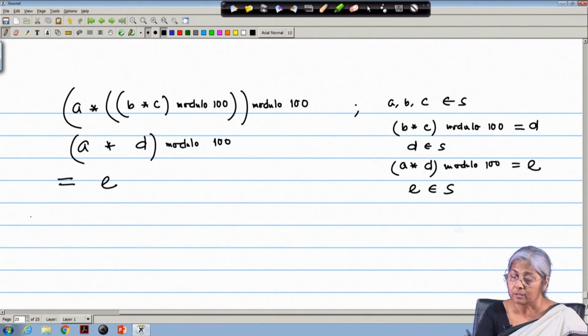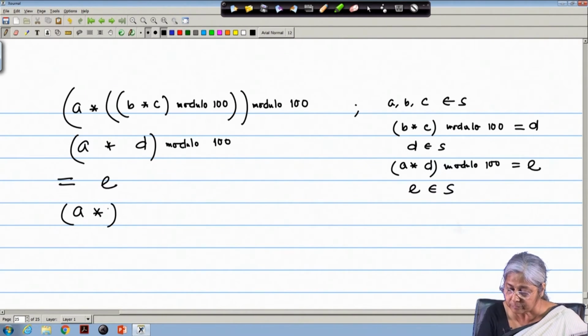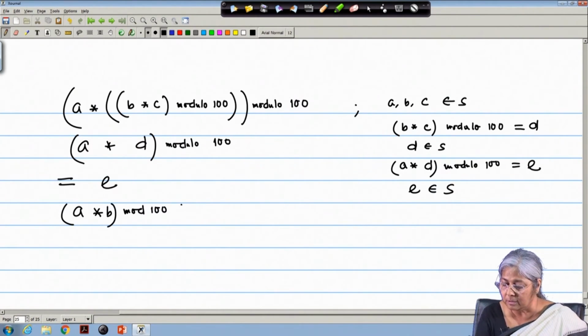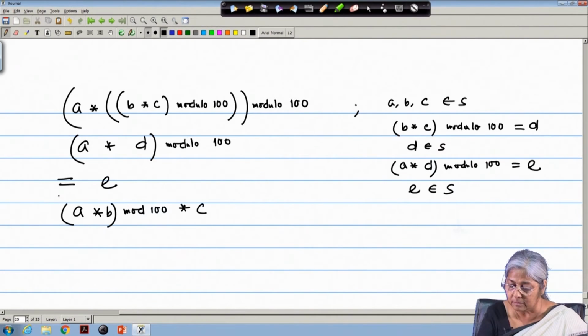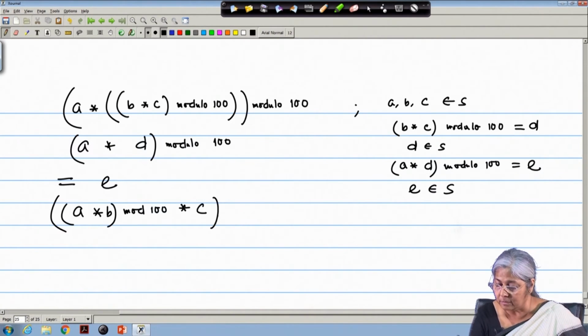Now, we see that since it is associative, first I do A star B modulo 100 and then star C modulo 100.